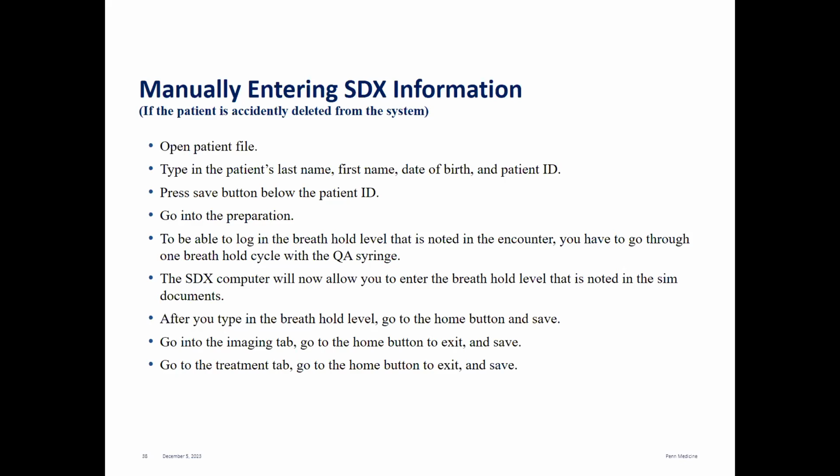This allows you to log the breath hold level that is noted in the encounter or wherever you documented it. Like I said, you have to go through one breath hold cycle with the QA syringe. The SDX computer will then allow you to enter the breath hold level, so you don't have to go through the 3 cycles.